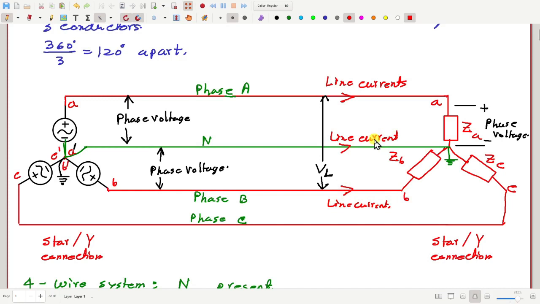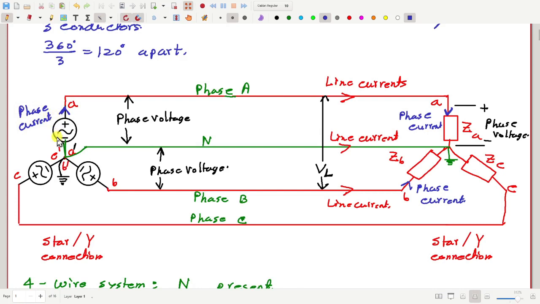And the current that flows through one particular load, say this current here, is called a phase current. Similarly, this is also a phase current. Here also, towards this load side, source side, this is also a phase current.